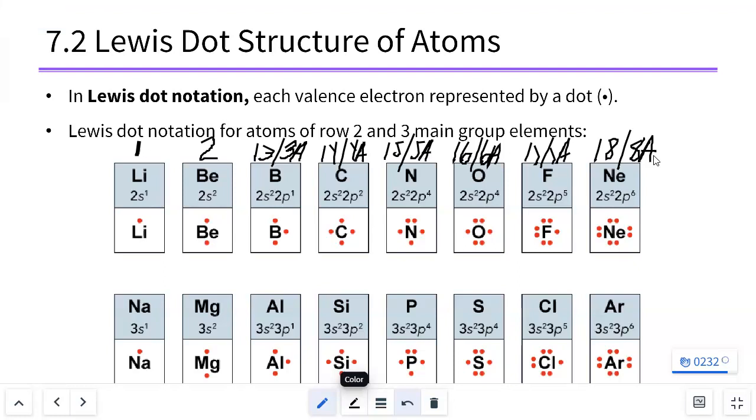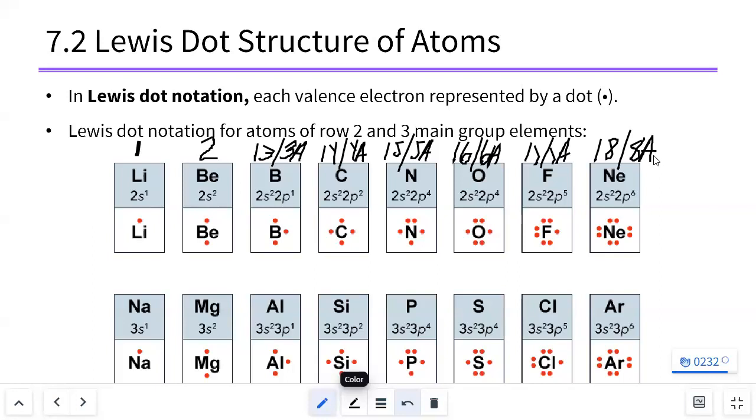Now again, for 13 through 18, we just take the 10 off of it because that 10 represents the 10 groups of transition metals in the middle. And we really don't do Lewis dots for transition metals. Valence character for transition metals is a little bit complicated and well beyond what we're trying to get after here.